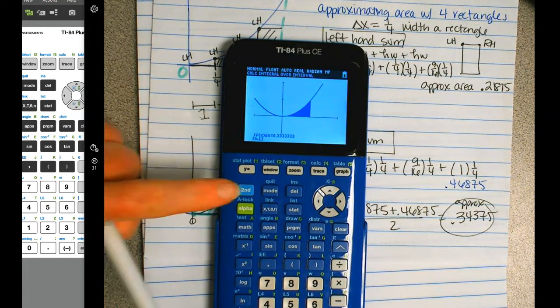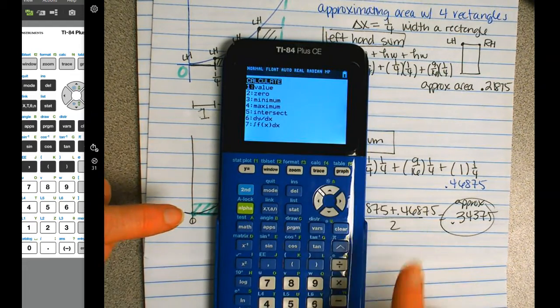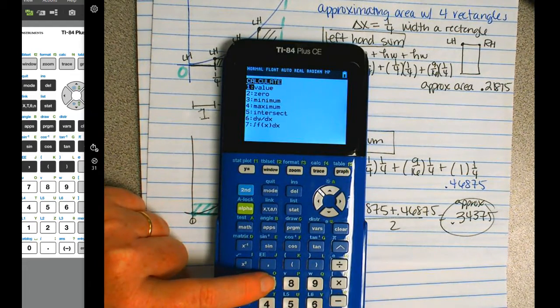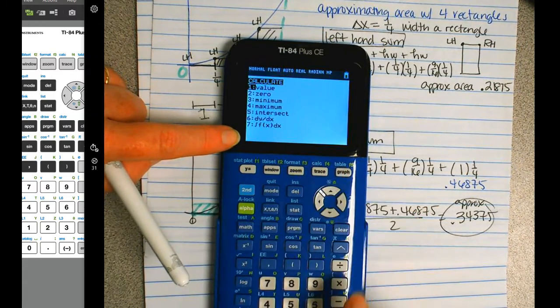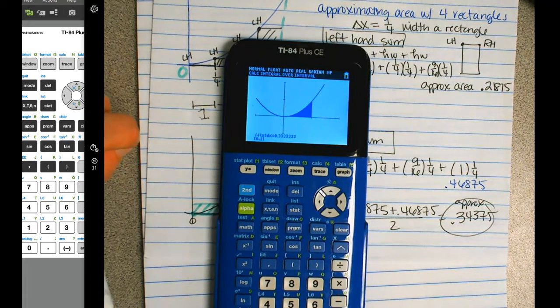Wait, did you just hit X? So second, calculate 7. I did that. Okay, and then it says lower limit, and you type in 0. And then upper limit, 1. Okay, so lower limit is 0 up to 1, and then it's already colored in, so it won't color it in again unless you change your window.